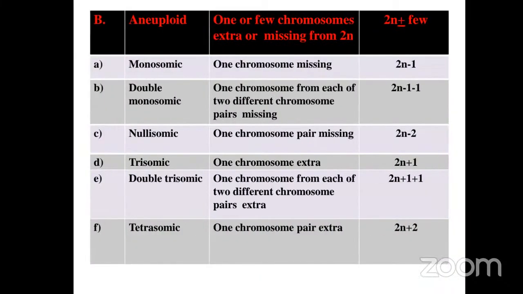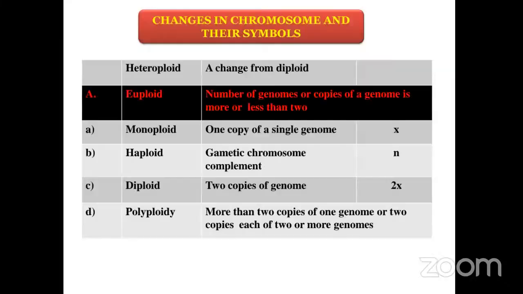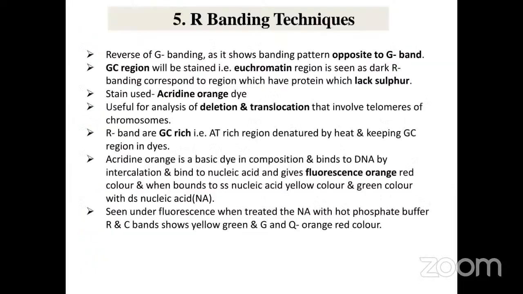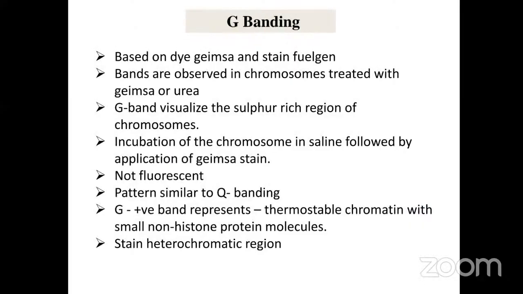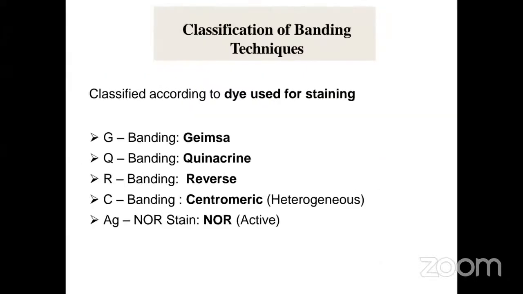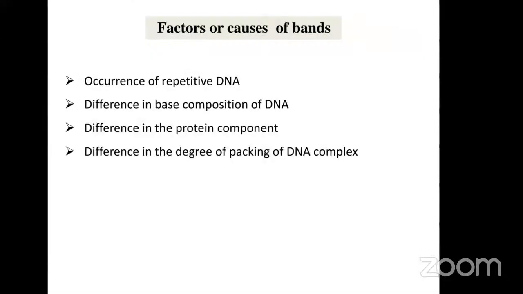So in a chromosome, you know that all the chromosomes differ in their structure, they differ in their size, and of course they have different genetic constitution. If you see chromosome gene mapping or genetic mapping, you should know which gene is located on which chromosome.